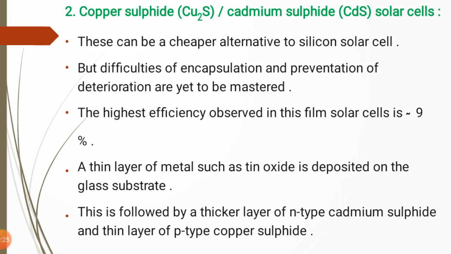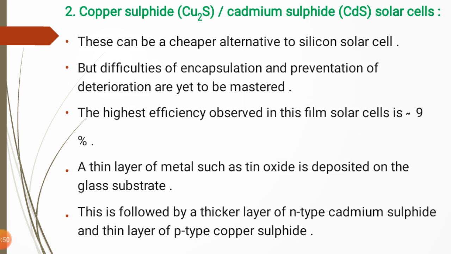That means this is an alternative to the silicon solar cell, but not as good as the silicon solar cell, because it has some difficulties. The highest efficiency observed in this thin film solar cell is nearly 9%. That is the efficiency of the cadmium sulfide or copper sulfide solar cell is nearly about 9%.